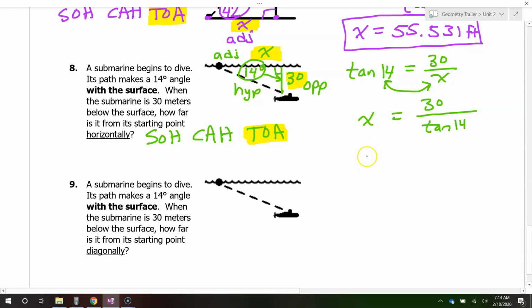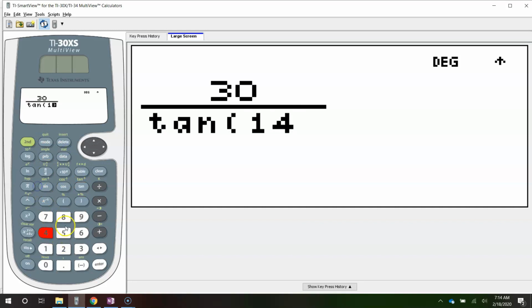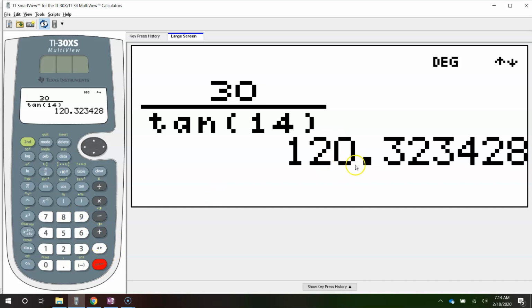And then this becomes a calculator issue. 30 over tangent 14 is 120.323.